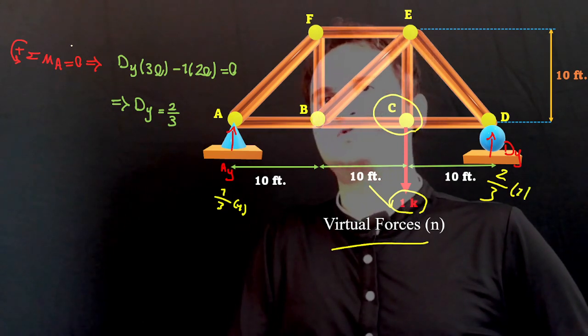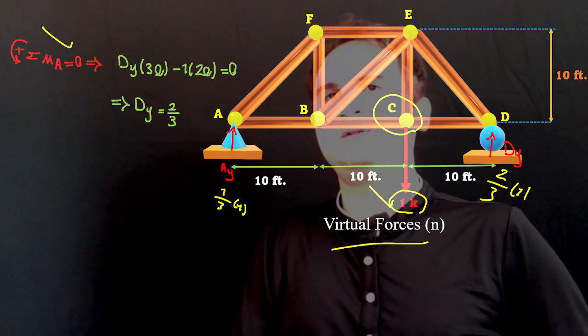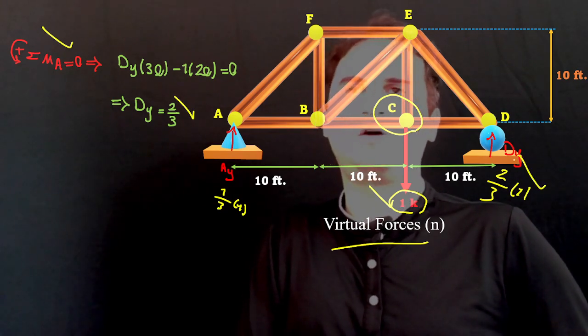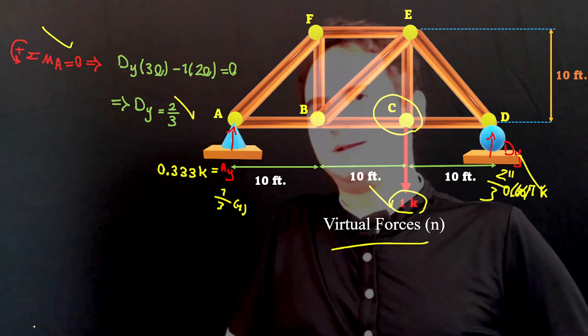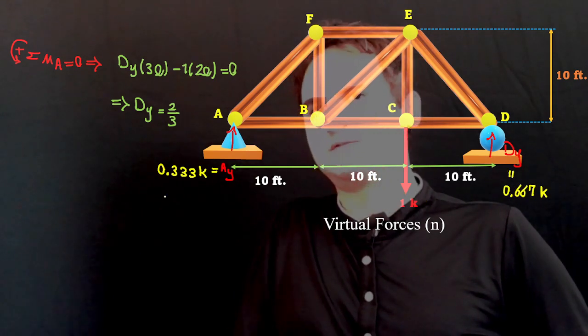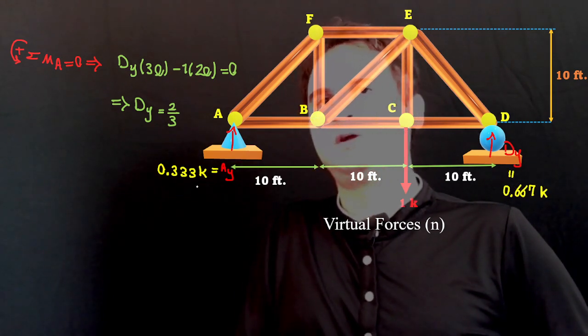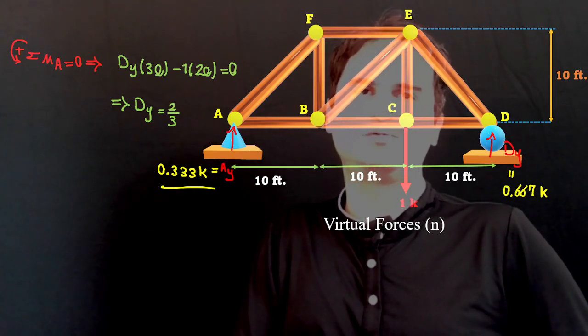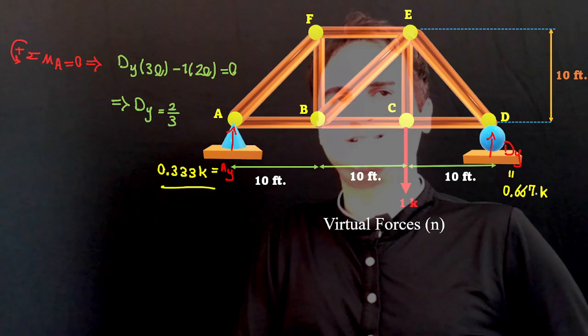You can also get it from the summation of moment about A equal to 0, which gives you dy equal to 1/3 of 1. As soon as you do the math, it gives you ay is equal to 0.33K and dy is equal to almost 0.67K.